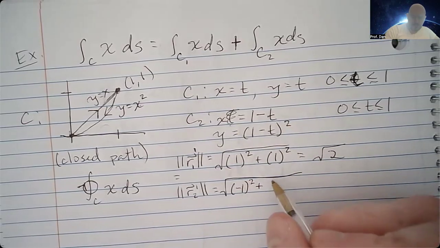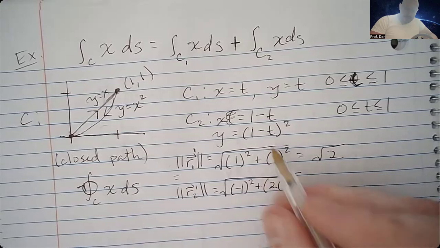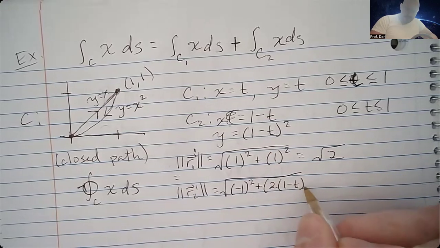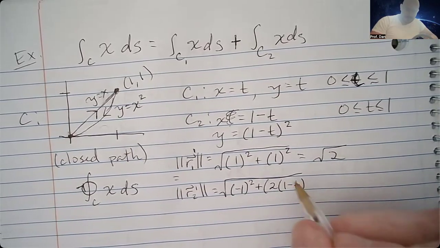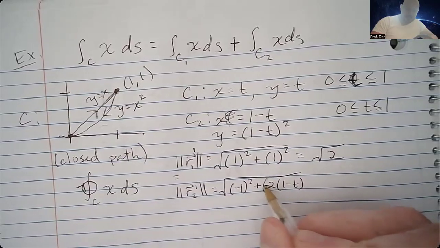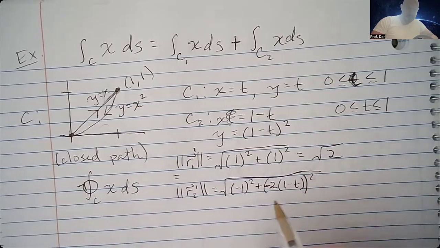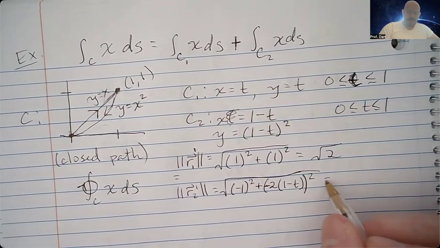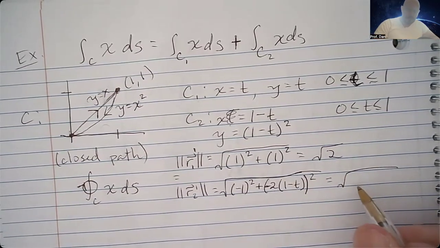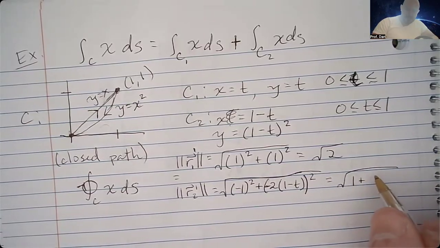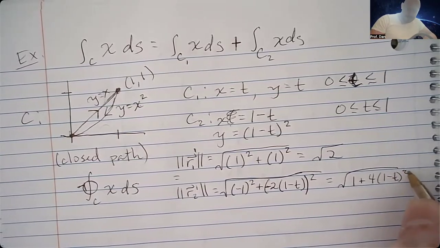I bring my 2 down, then I keep the base the same, take 1 away from the power, now that's to the 1, and multiply by the derivative, so we would multiply by -1. So -2 times (1 minus t), and then we're going to square that. For the sake of simplicity, I'm going to keep this written as the square root of 1 plus 4 times (1 minus t) quantity squared.